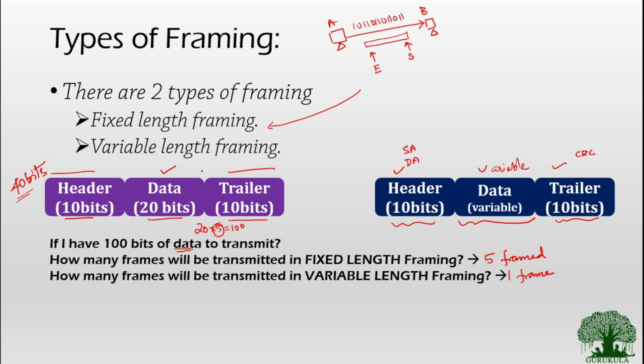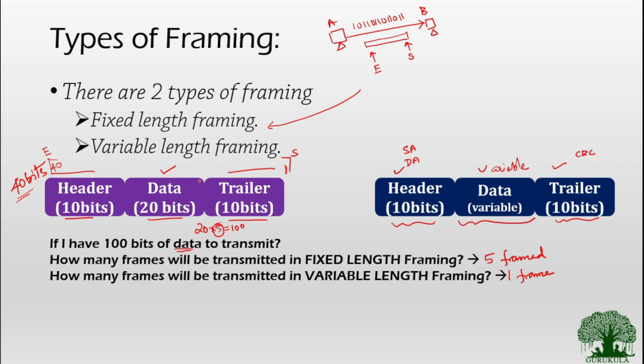So I will take the first bit as the start of the frame, keep on counting the bits, and when I get the 40th bit I will assume that the frame has ended. So identifying the start and the end of the frame is not a big task where fixed length framing is concerned.